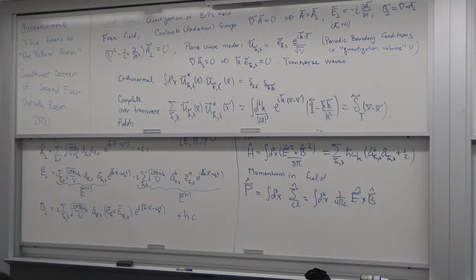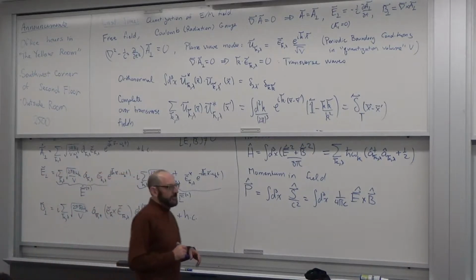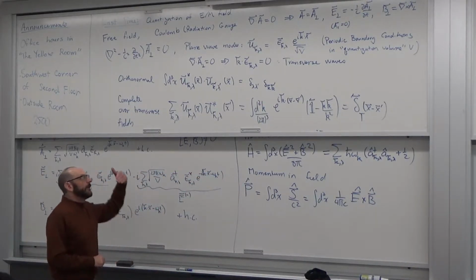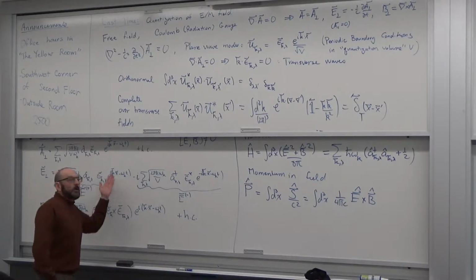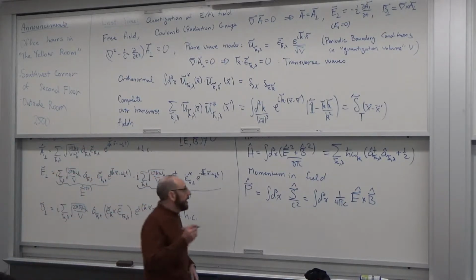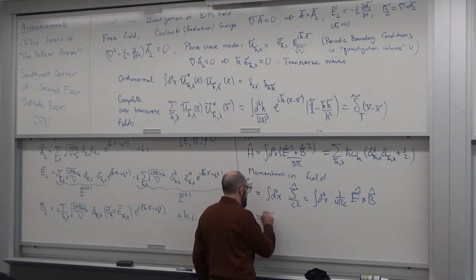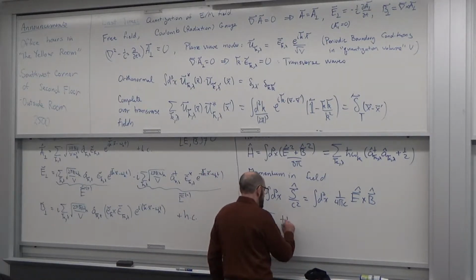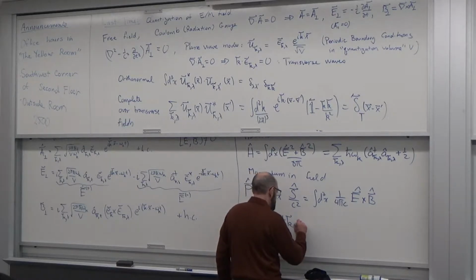Your homework assignment, should you so choose to attempt it, is to show that when you plug in our mode decomposition, this is equal to the sum over all the modes, h bar k, a dagger a.